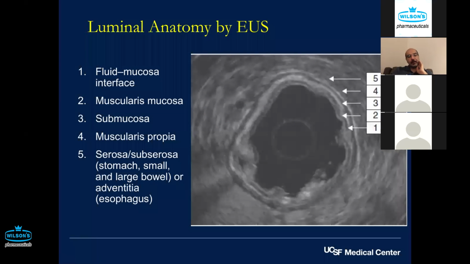And depending on where we are, we'll see the 5th layer, which is the serosa. These are the 5 layers of the GI tract that we should all be familiar with, that we will primarily be looking at if we're trying to stage tumors in the wall or for epithelial, submucosal lesions.